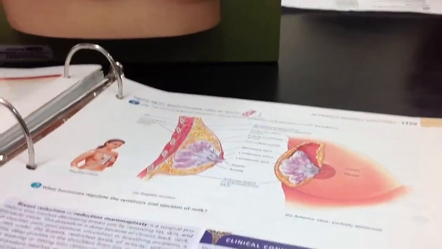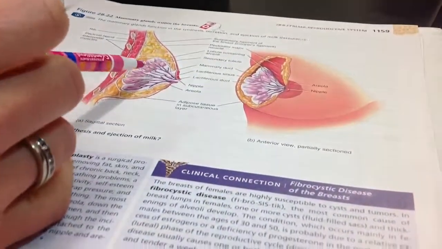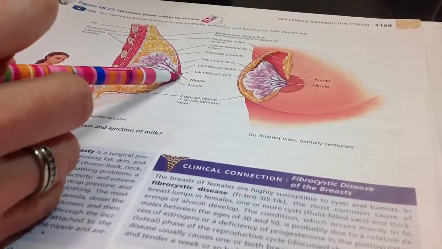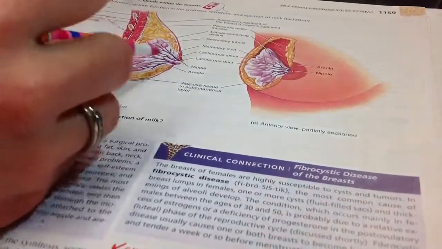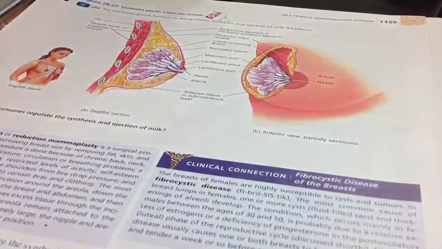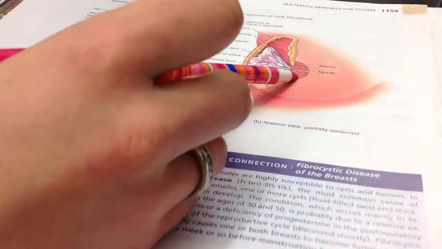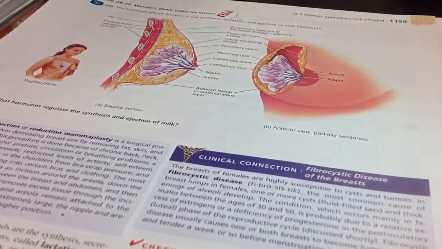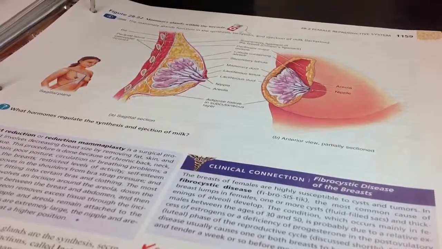Lactiferous ducts is what the mammary ducts turn into near the nipple. Nipple, this area, this is a half of the nipple. And then this is the areola around the nipple. That's all. That's it?